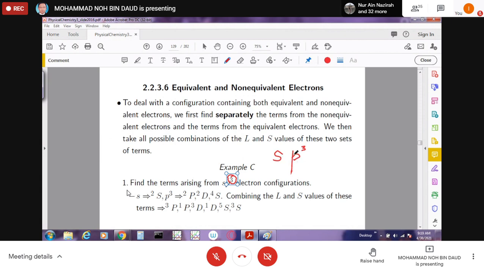and 3 electrons in P, of course they are non-equivalent, because they probably have the same n, let's say 2S, but a different L. So at least one quantum number is different, which is the m quantum number, m for L. So we can treat these separately to find the term symbols.